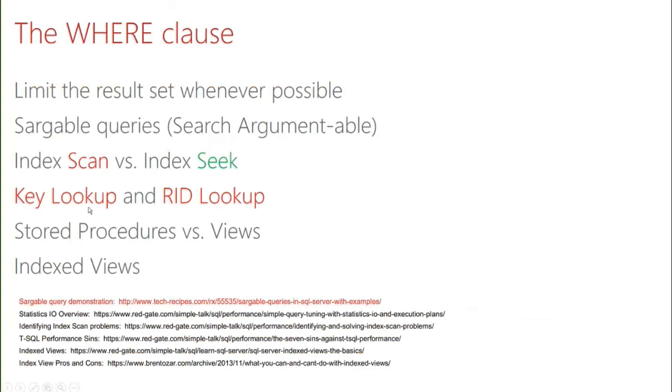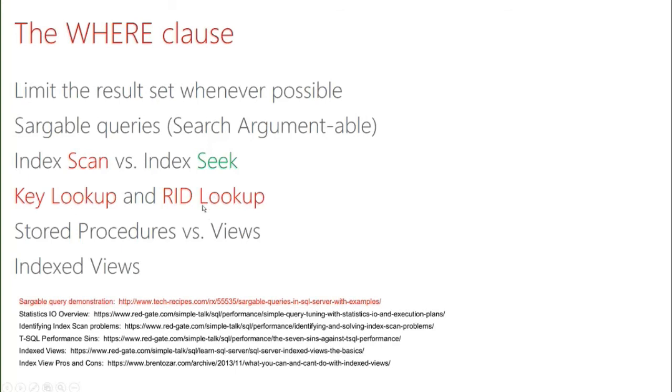Now, you may see these terms in your queries, a key lookup and an RID lookup. Even though you're indexed, it may need to go back to your table and do a lookup for additional data. I found these are very costly. So if possible, try to add a covering index that will handle these. It's tricky though.